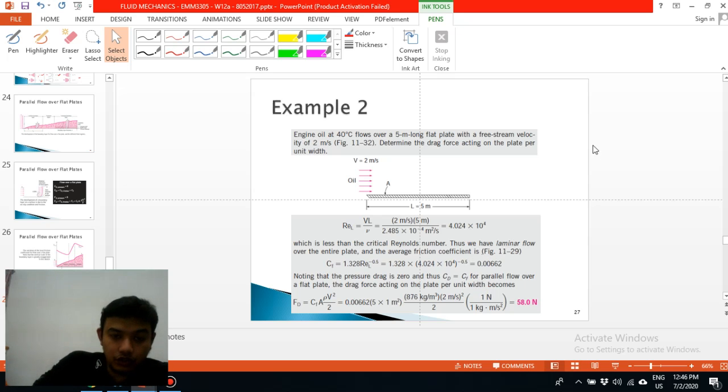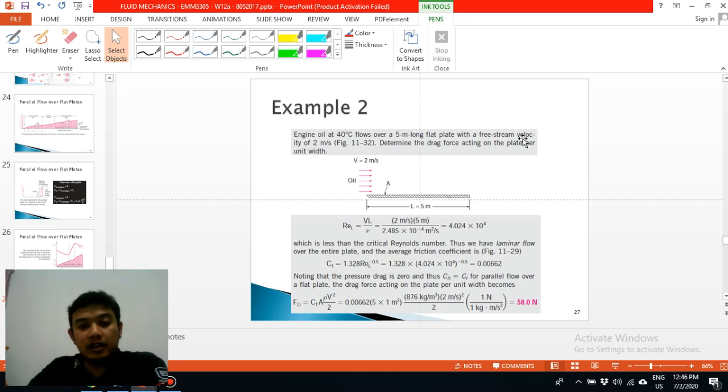Okay, so this is example number 2: there is engine oil at 40 degrees flowing over a 5 meter long flat plate with a free stream velocity of 2 meters per second. Determine the drag acting on the flat plate. So we know this is the flat plate, the length is 5 meters and the velocity is 2 meters per second.